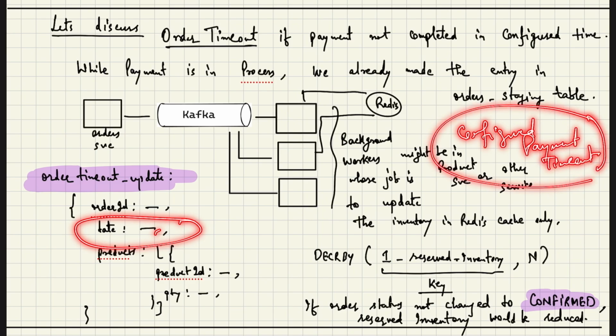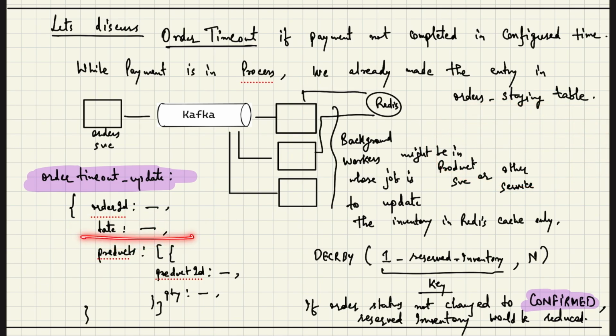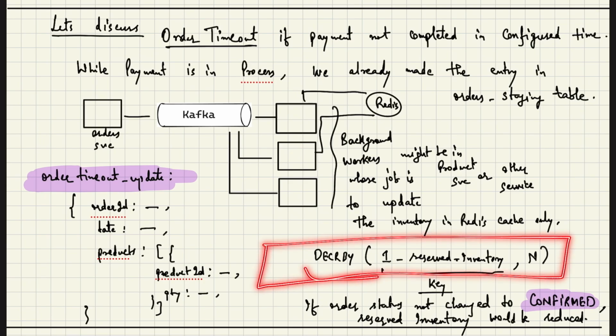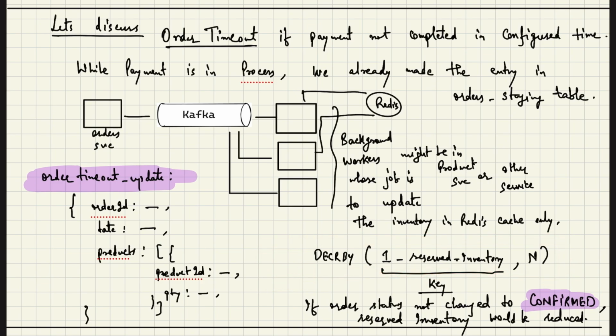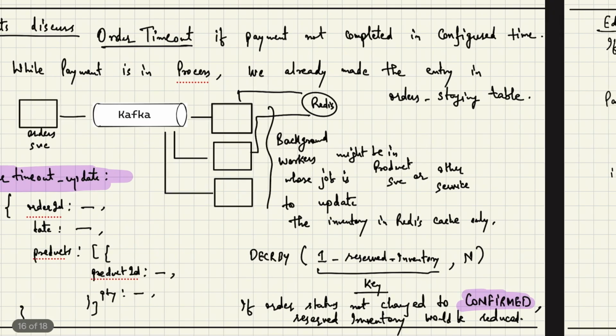If the timeout time is exceeded, then the background workers would execute this job, mark the order, and decrement the inventory of that particular product. So that is how we make the order timeout, while the payment is in process.